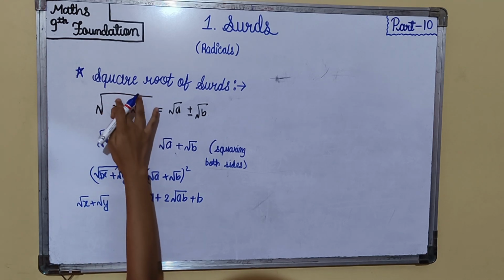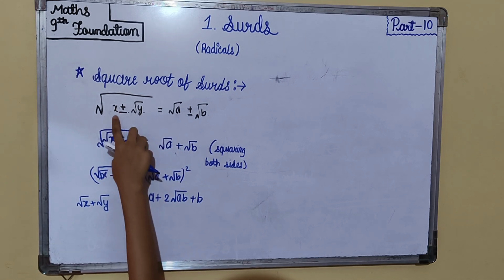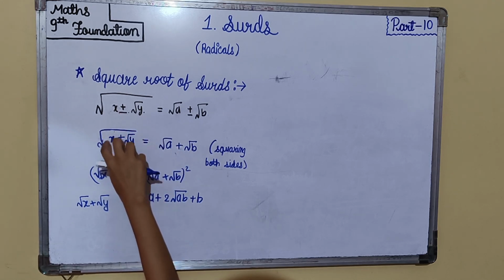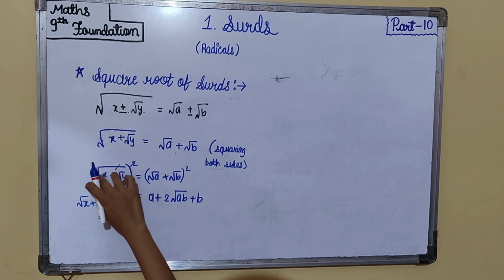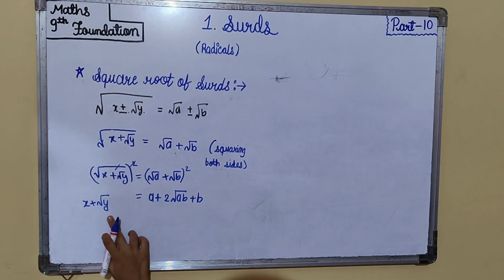The question is always like this. The first term is always rational. So we'll get this value.